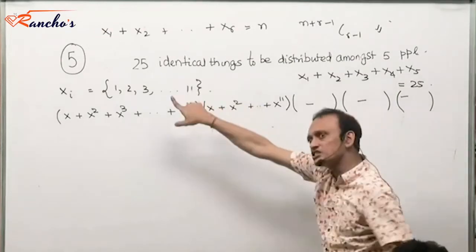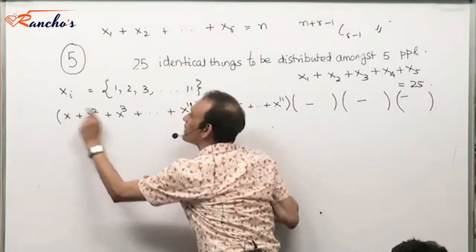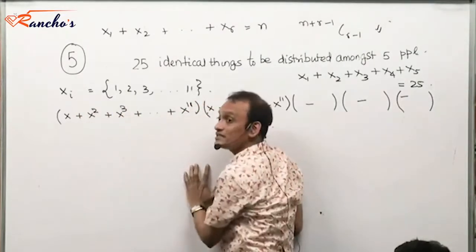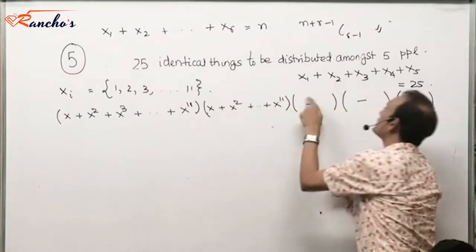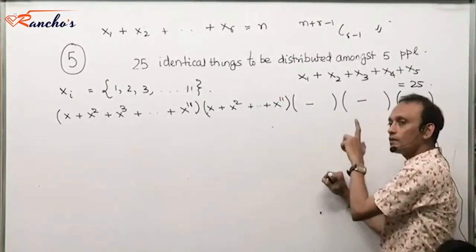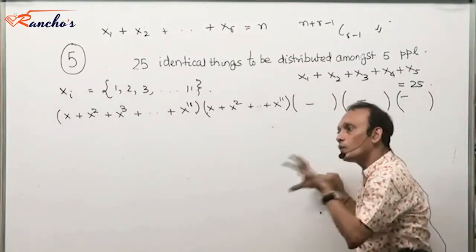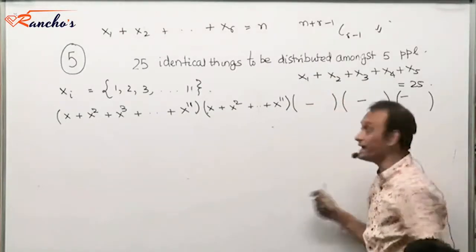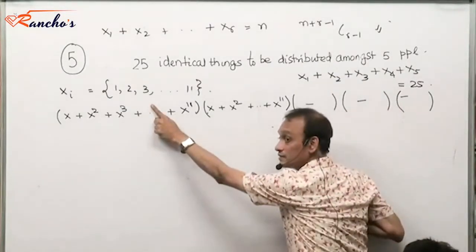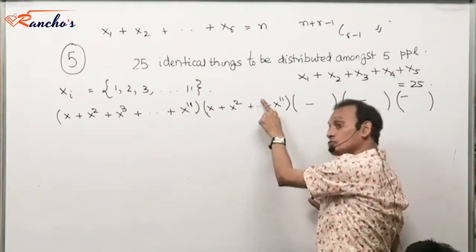The constraint, where is this constraint built in? The powers. For x1, the powers 1, 2, 3, 4, 11. These are the powers that represent various values of x1, various values of x2, various values of x3, etc. But on multiplication, what term am I keen on finding? One which gives me x power 25, because that x power 25 would have been obtained by a certain power of x here, which would be x1, and a certain power of x here, which would be x2.